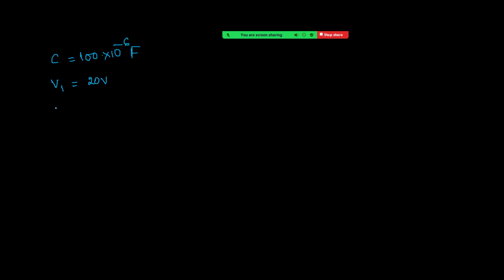Next, the number of turns per unit length is given as 4,000. Next, the potential difference drops to 90%. 90% of 20 volt is 18 volt. And the time taken is 2 seconds. We are asked for the average magnetic field produced.